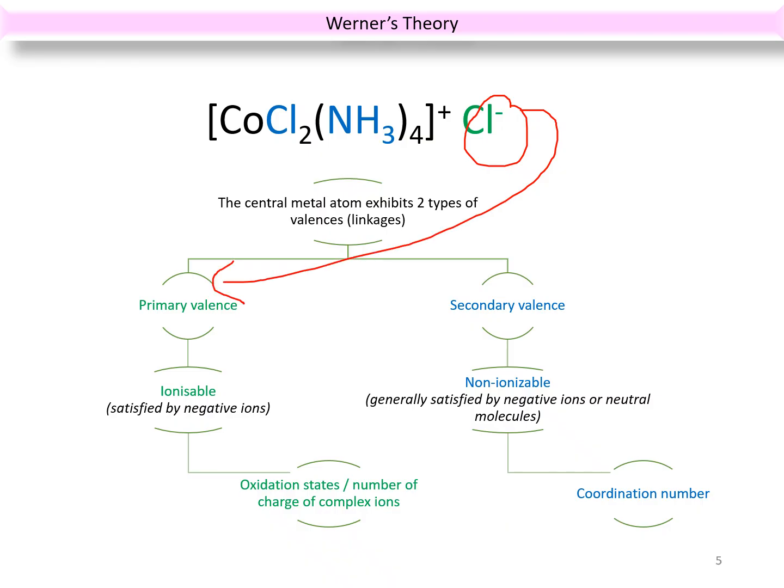It is ionizable, and it generates the oxidation state of the complex ion. The coordinating ligands, in blue, are classified under the secondary valence, which is non-ionizable, like the green ligand. Because they coordinate directly to the metal center, they contribute to the coordination number.